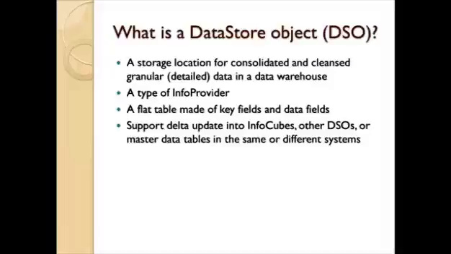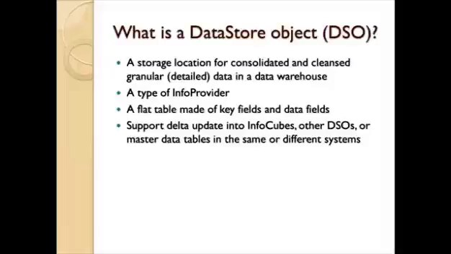Basically, it means that the most detailed data is stored here. This is in contrast to other objects such as info cubes that we will talk about in another chapter. In an info cube, we normally store aggregate data, so that we can produce summary reports. But in a DSO, we'll store the most detailed data.